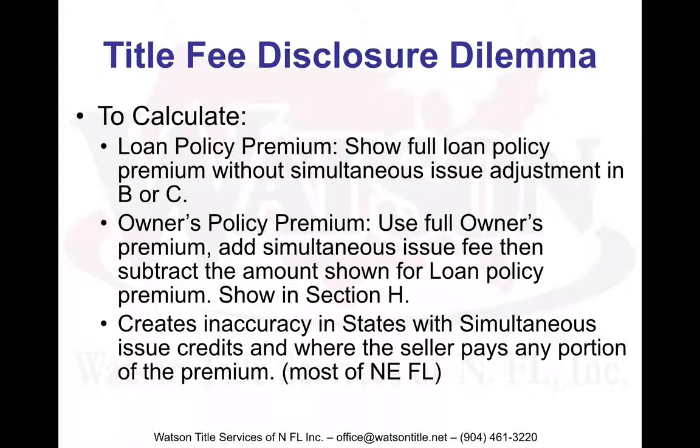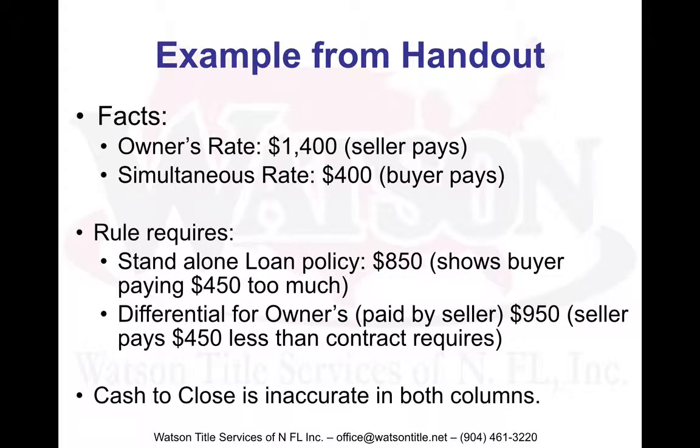Let me give you an example for those like me who work better seeing how it functions with numbers. For the first example, I'm going to keep to round numbers. For instance, in this example and the example you see on the closing disclosure that we're going to use throughout this series of videos, our simultaneous issue rate at Watson Title is substantially less than the $400 used in this first example you'll see, but because it's what's on the copy that you have, we're going to go ahead and stick with it.